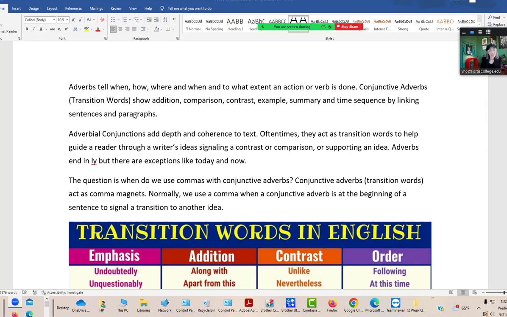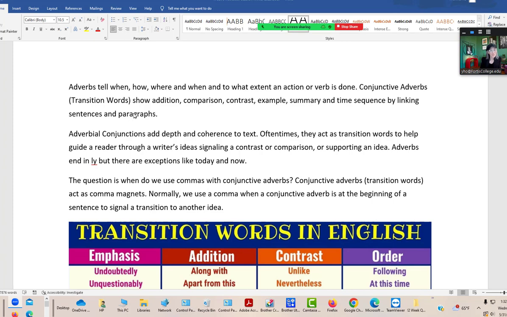Adverbial conjunctions add depth and coherence to text. Oftentimes they act as transition words to help guide a reader through a writer's ideas, signaling a contrast or comparison, or supporting an idea. Adverbs end in ly, but there are exceptions like today and now.